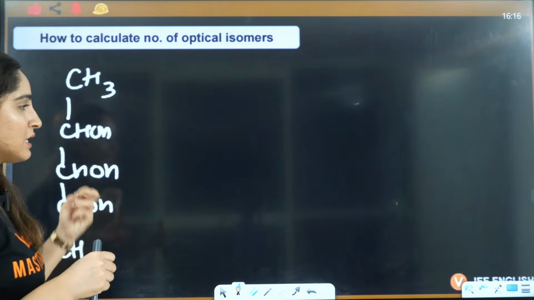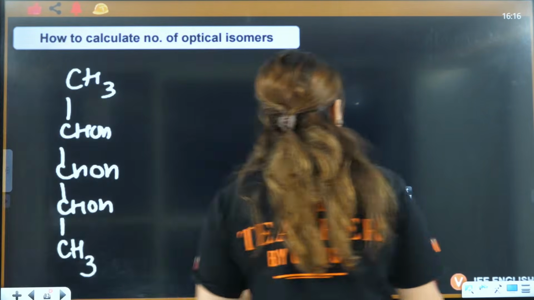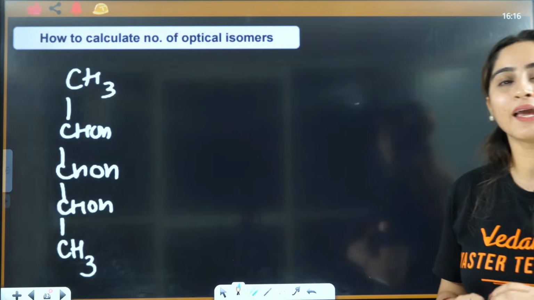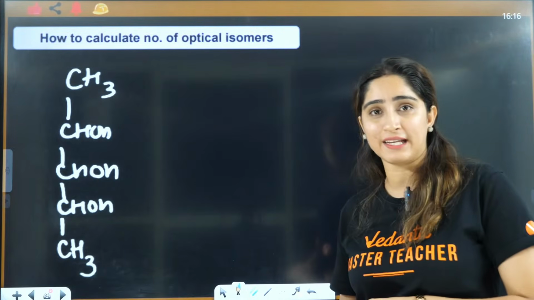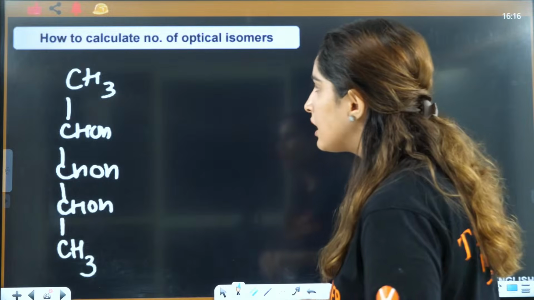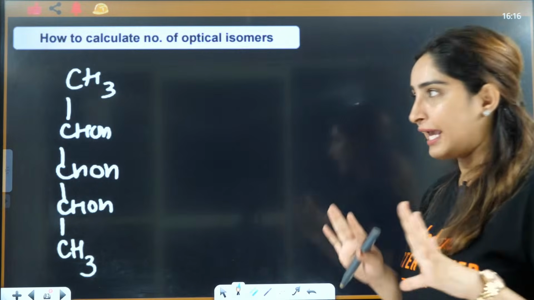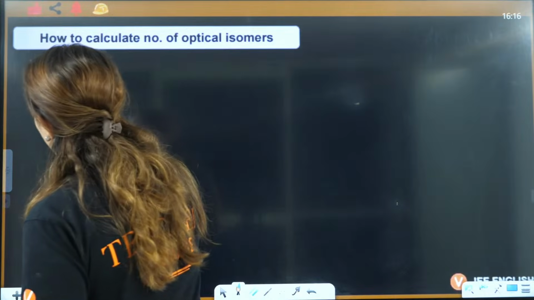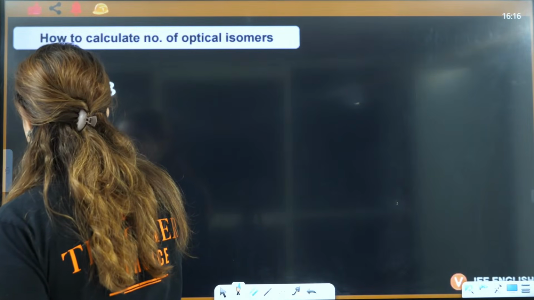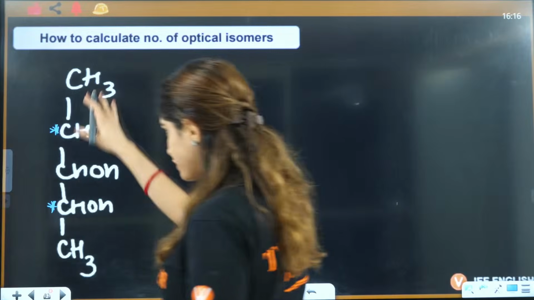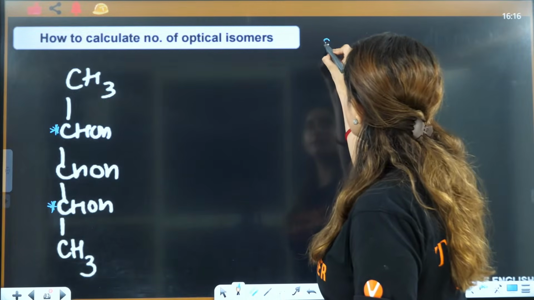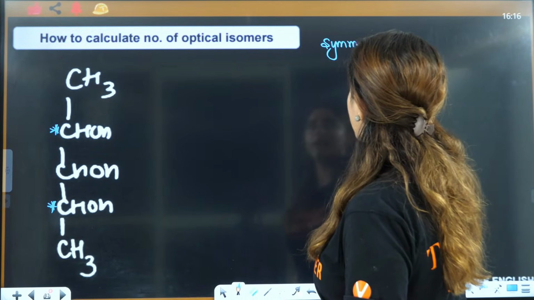Right, now here you need to see one thing. There is a thing called pseudo-chiral, right? Pseudo-chiral is if between two chiral carbons, and it is also symmetrical. In pseudo-chiral, the condition is the molecule has to be symmetrical.